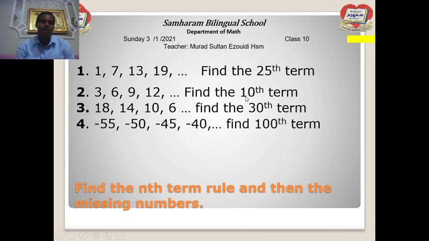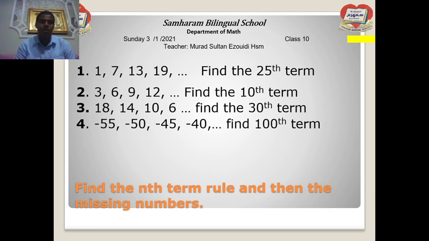So 3 by 10 gives 30, or just use the formula. The first term is 3, then 6 minus 3 is 3, so you write your nth term in terms of n, d and a, then plug in the values of a and d. We get the nth term equal to 3 plus 3 multiplied by n minus 1.